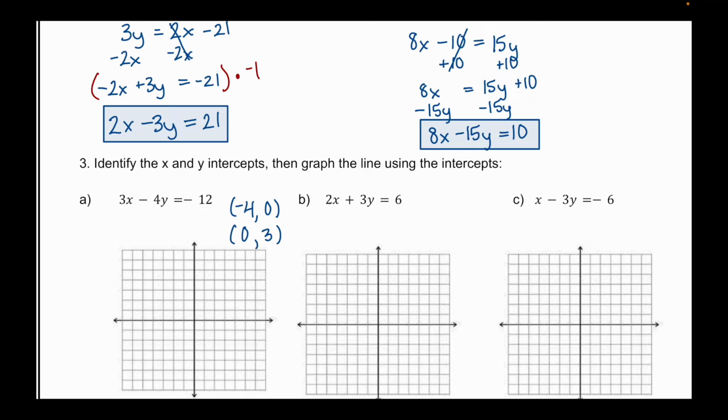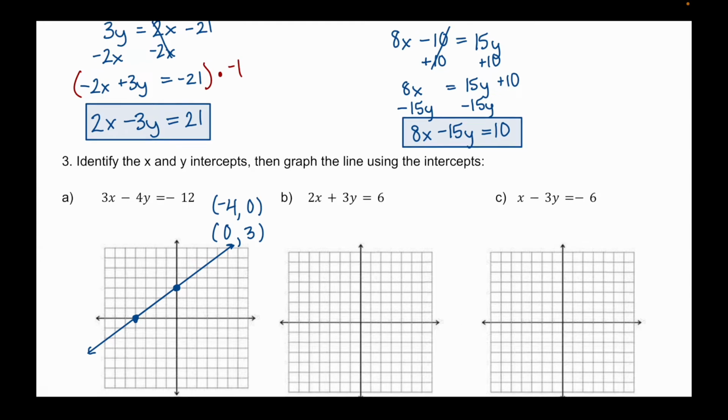So 0, 3 would put my first point there, and negative 4, 0 puts my next point here. And it'll look like this. And I'll make my other line going this direction line up with it a little better. There we go.